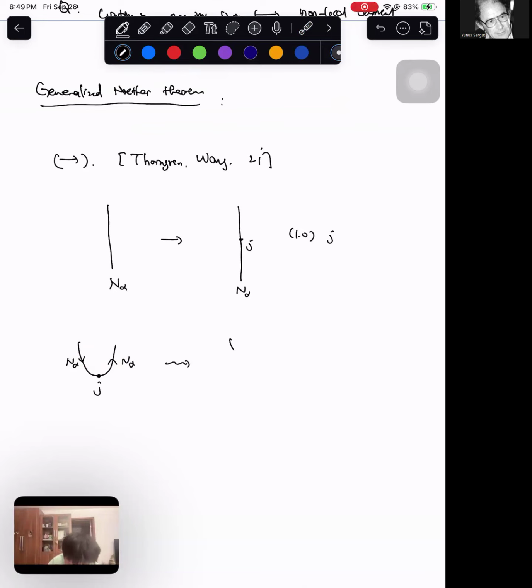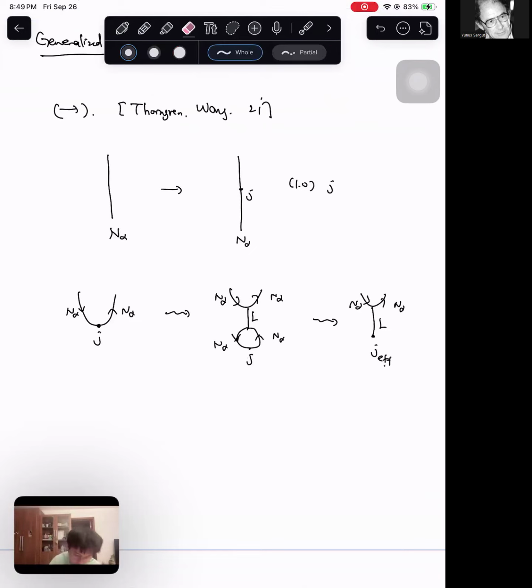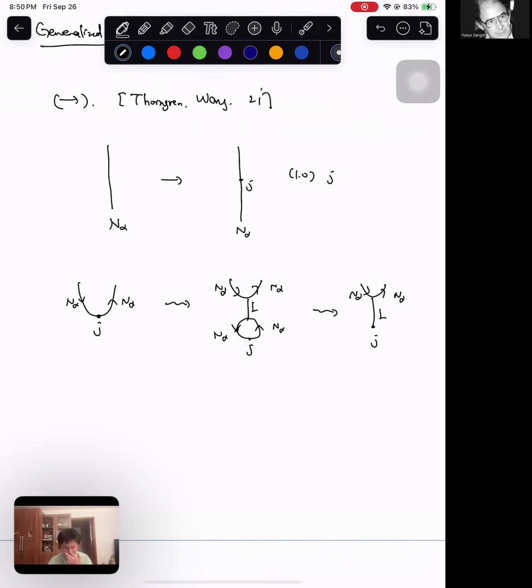After fusing this middle part, we get a configuration like this, with an intermediate channel L. And then we can shrink this bubble and get an effective J. Just to not clutter the notation, let me just call it J. Now you see that there is a J living at the end of some topological line L.